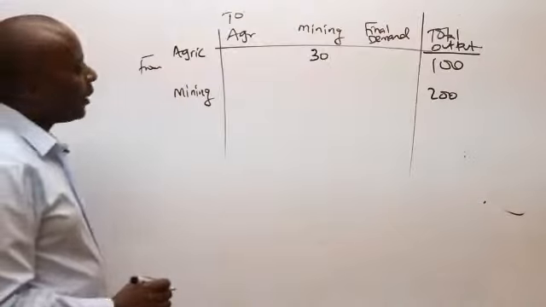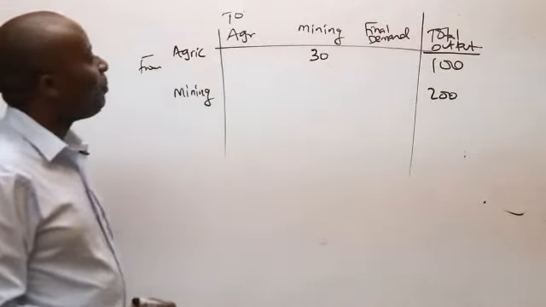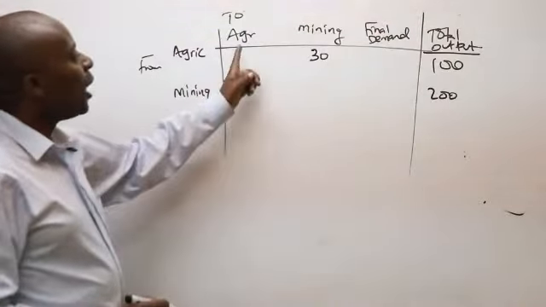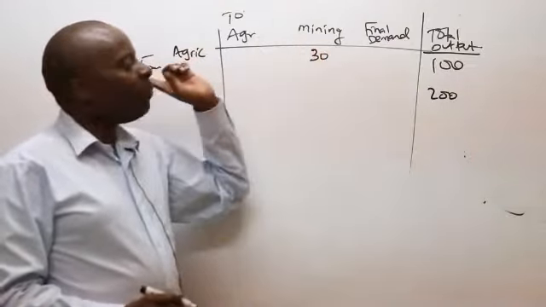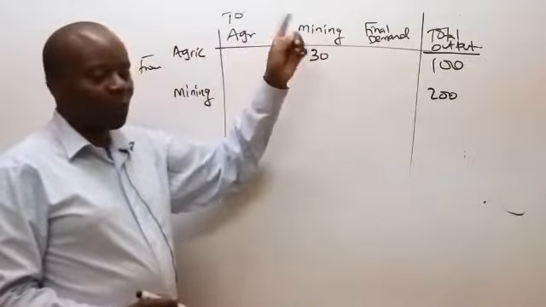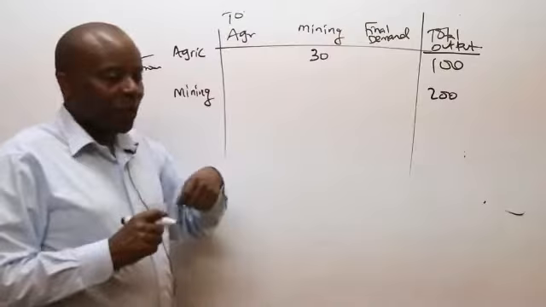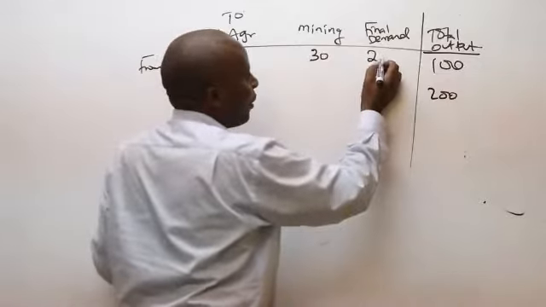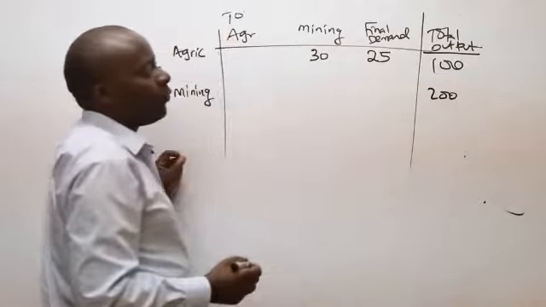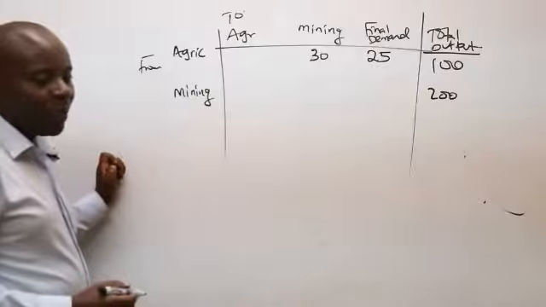And then some maize flew out of the sectors for final consumption by us consumers, perhaps 25 kgs went for final demand.